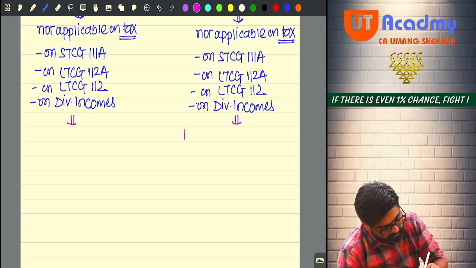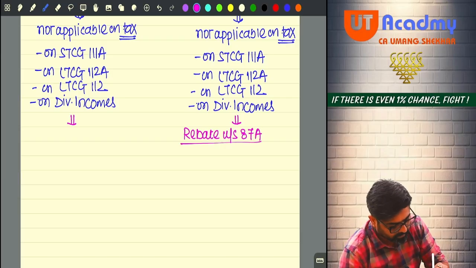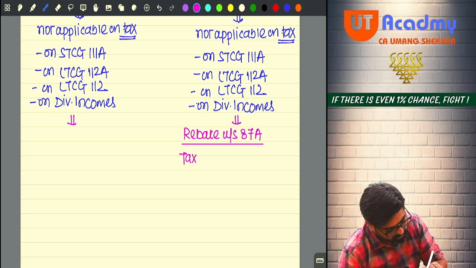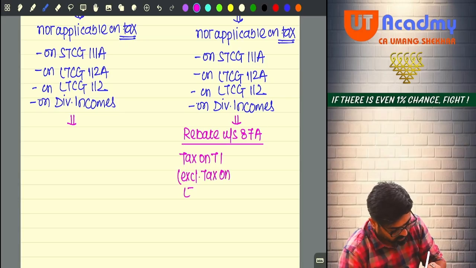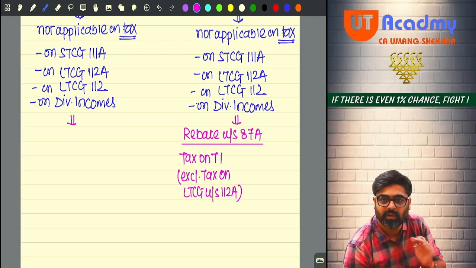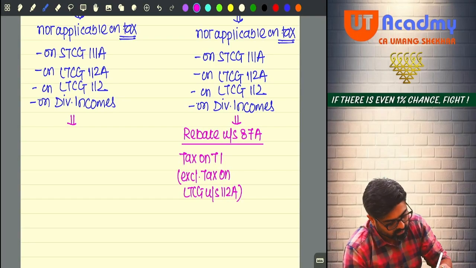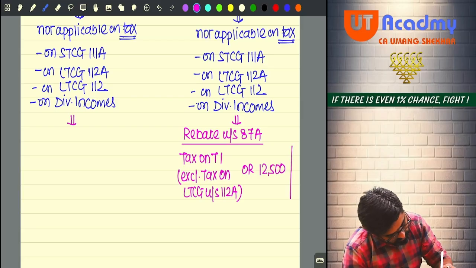Now, one more thing. Rebate was applicable. Do you remember rebate under section 87A? What was the rebate? Tell me. Tax on total income excluding tax on LTCG under section 112A, because this tax cannot be taken as rebate. I have already told you. Other than this, whatever tax on your total income is there, you can claim as rebate or 12,500, whichever is lower.